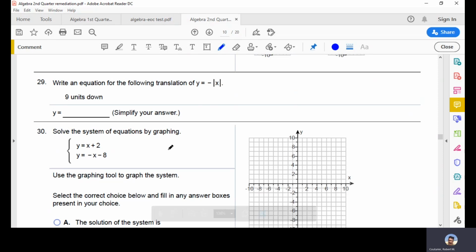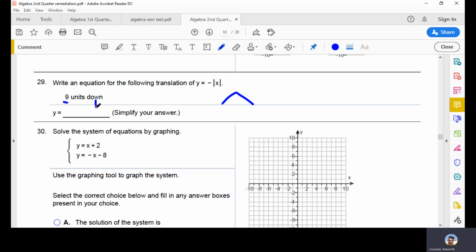It says write the equation for the following translation. Y equals negative absolute value of x, 9 units down. Okay, so first off, the negative means we know that this is going to be an upside down V. And it's going where? 9 units.